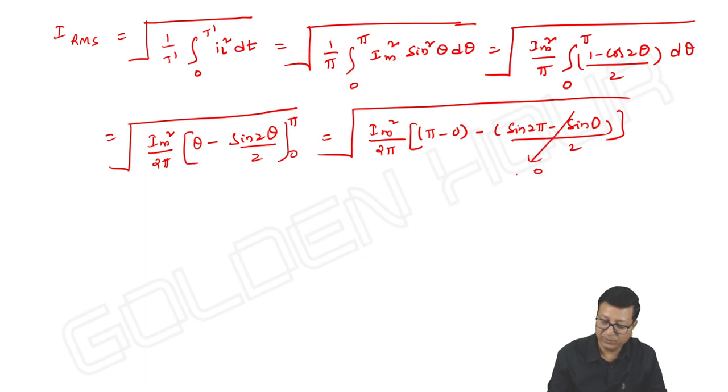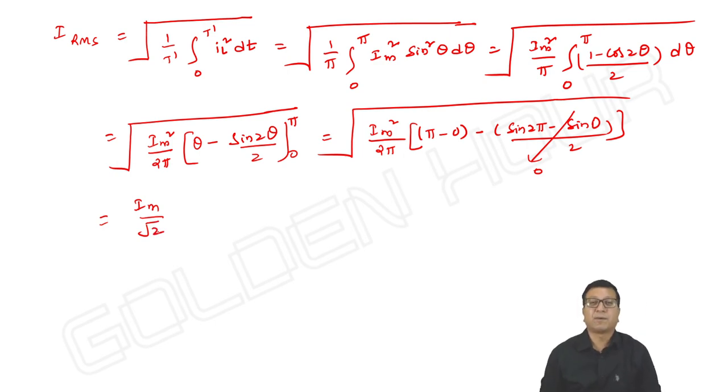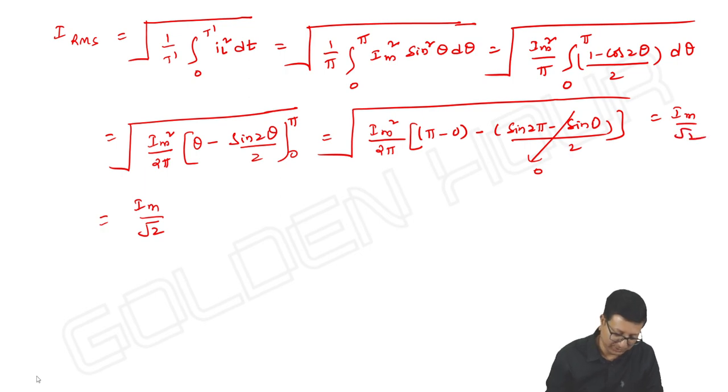Anyway, its value is 0 and the final answer is Im by root 2. In half wave rectifier, the RMS value of the total load current is Im by 2, but here it is Im by root 2, not an issue.